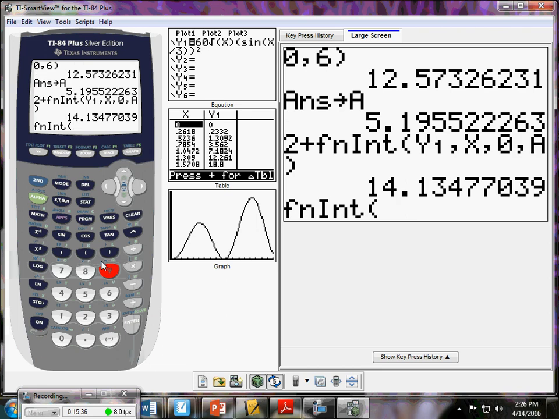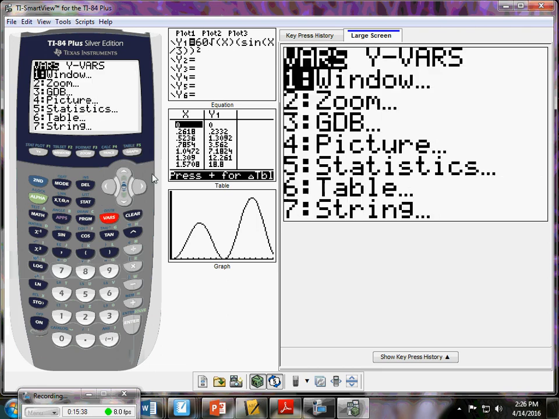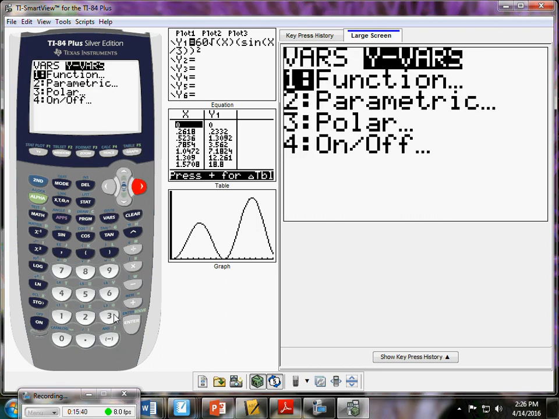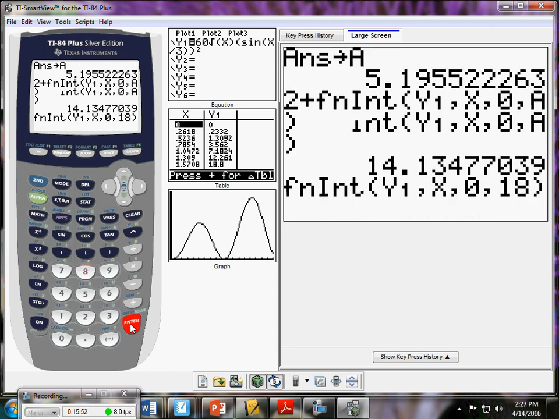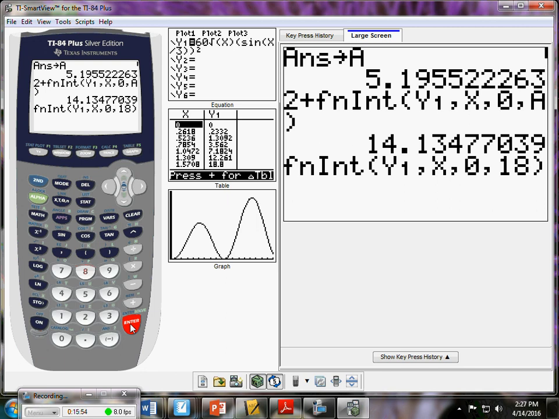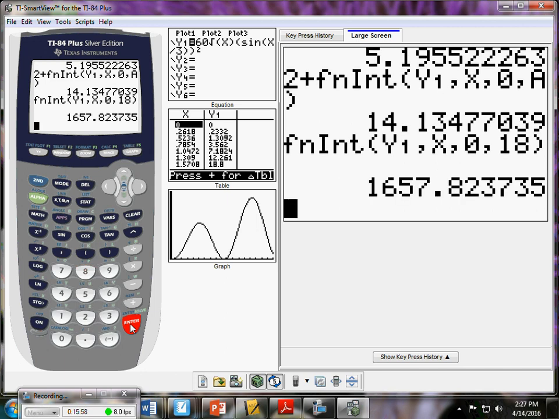So math 9, fnInt, function, comma, x, comma, 0, comma, 18. And hopefully we'll get the same answer. Now this is to the nearest whole number, so you gotta make sure you round to the nearest whole number here.